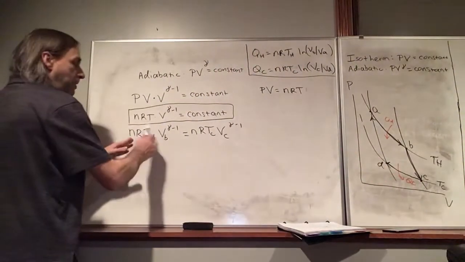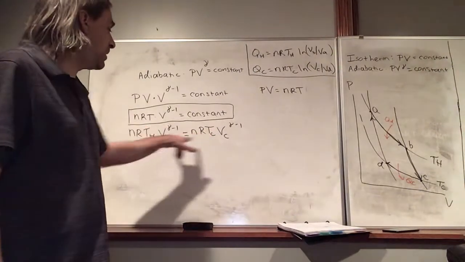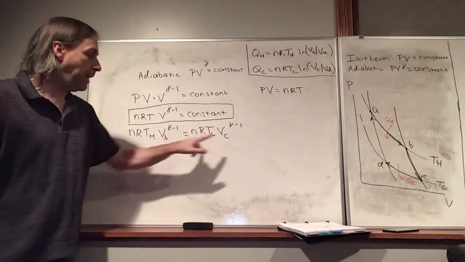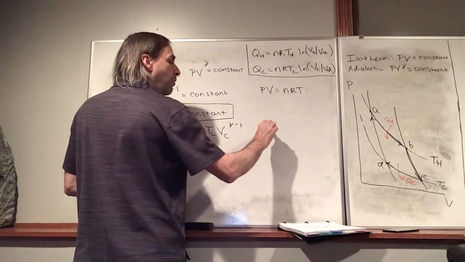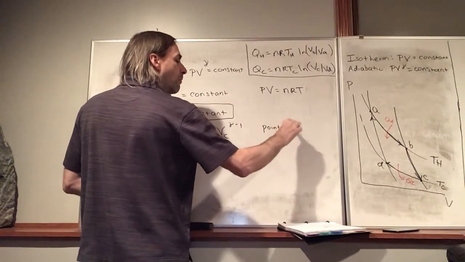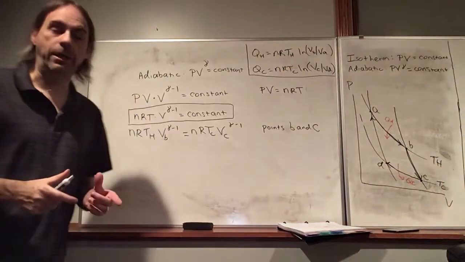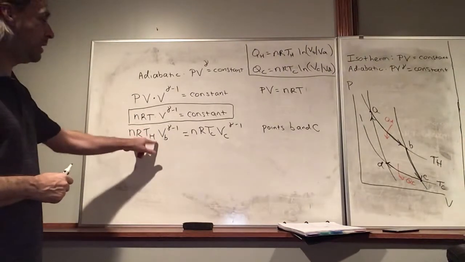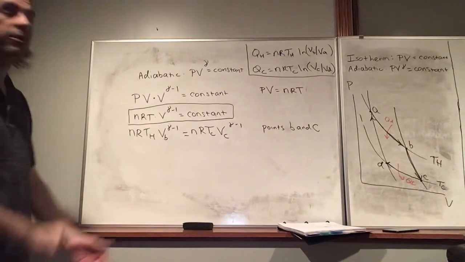So we just looked at two points on the same adiabatic curve, so these two values at these points have to be equal to each other. This is looking at points B and C. And again, they're on the same adiabatic curve, so this has to have the same value. They're both equal to that same constant, so they're equal to each other.